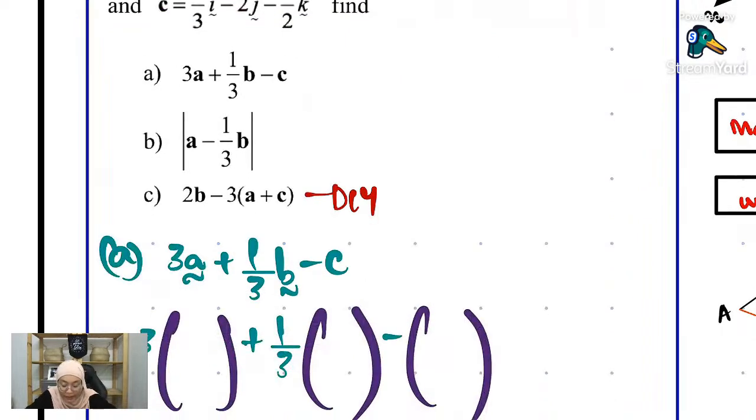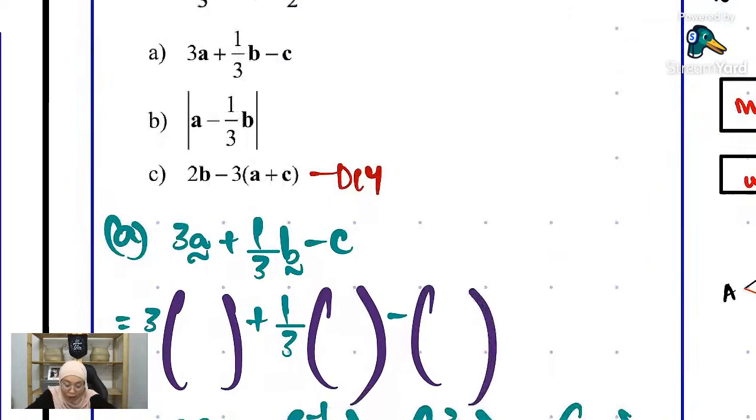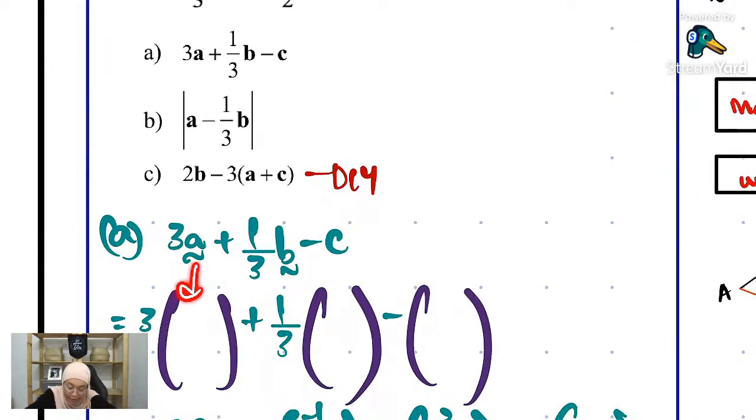So 3a plus 1 over 3b minus C, all you have to do is bring in the vectors A, B, and C. I forgot to write down this wave here. Make sure you write this wave, yeah? It is a must to write down the vector with this wave.